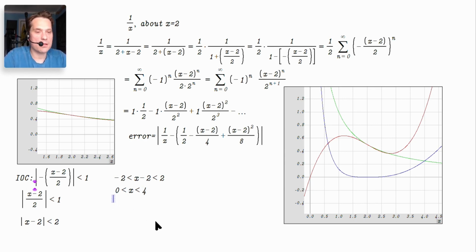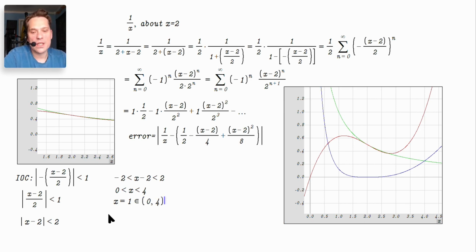In other words, what does it actually mean, interval of convergence? Notice that, for example, x equals 1 belongs to this. Okay, it's an element of this interval from 0 to 4. So what it's telling you is if you took enough terms, you can make the graph and approximation match at x equals positive 1, you see?